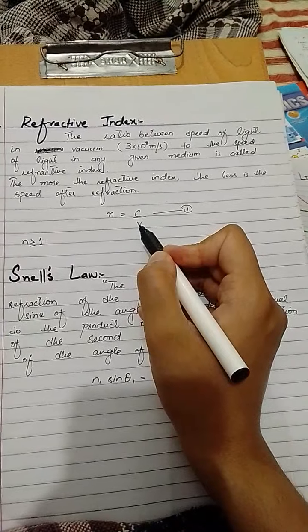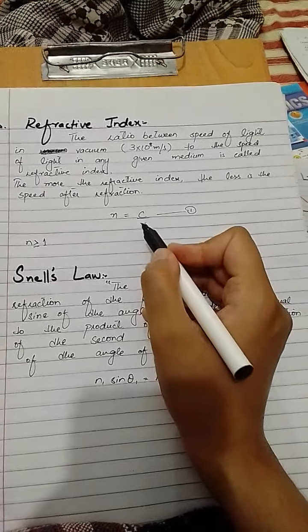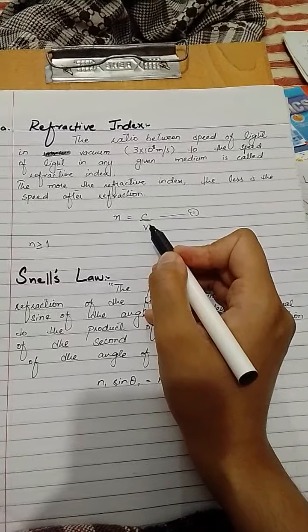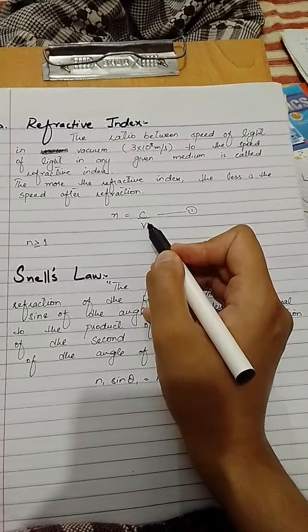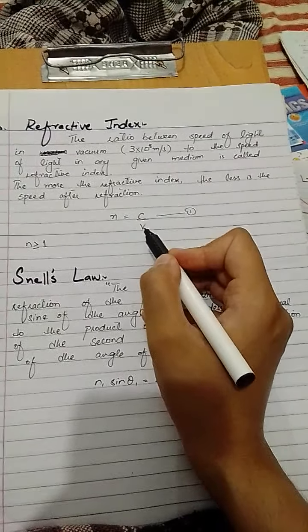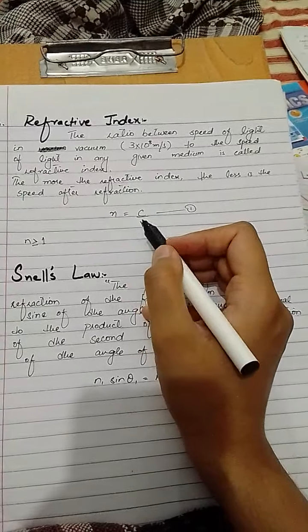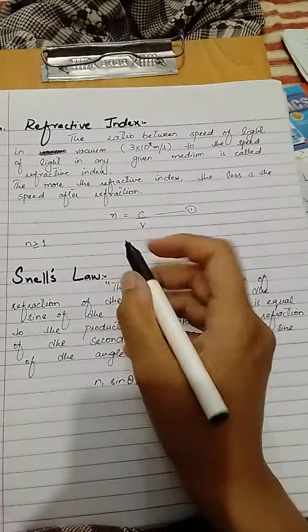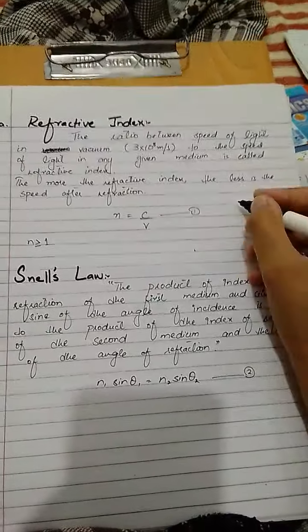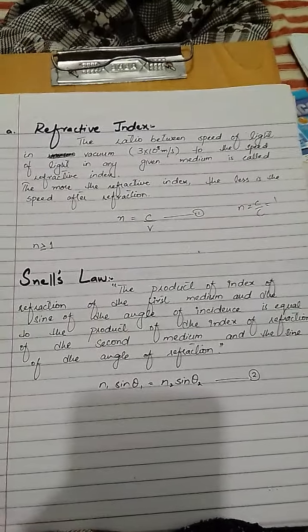This V will always be less than or equal to C. Less than C in the case of any material medium, and equal to C if we just place a C here and try to calculate the refractive index of vacuum itself. If we put n equals C over C, then we will get 1.